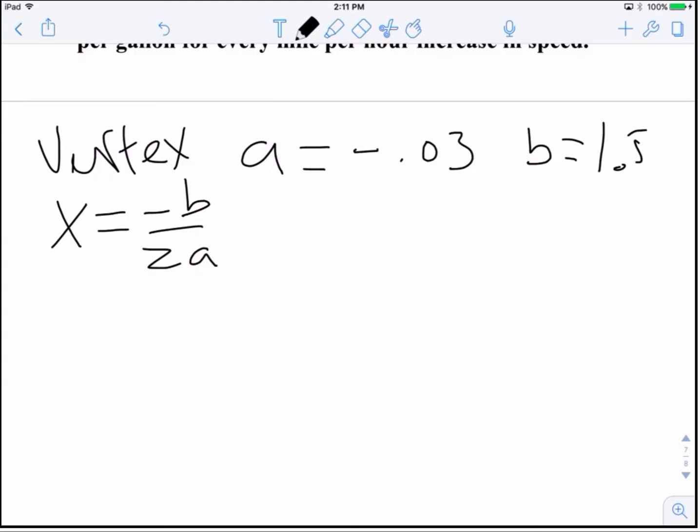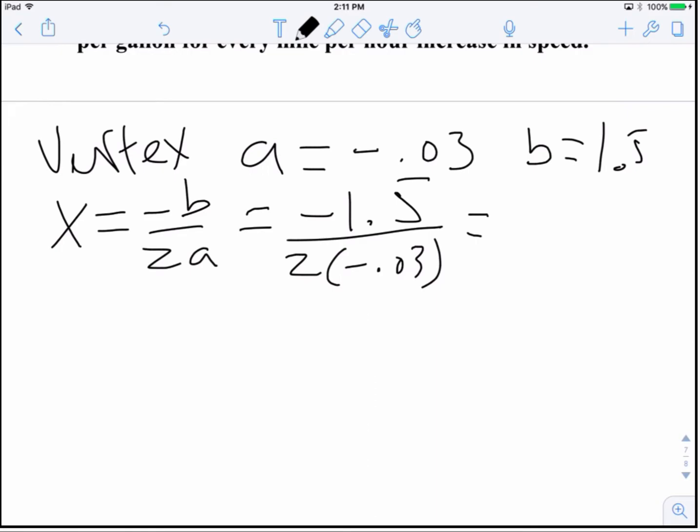So that means that x is equal to negative 1.5 divided by 2 times negative 0.03. So when we work this out, this gives us 25. Okay, so here we're saying that when the speed of the car is 25 miles per hour, we have the maximum gas mileage.